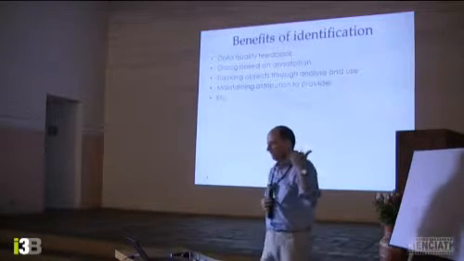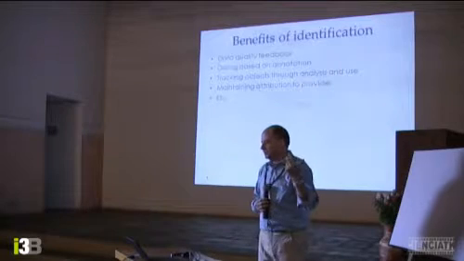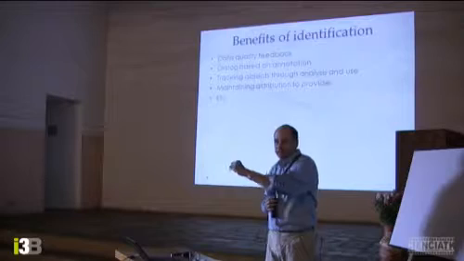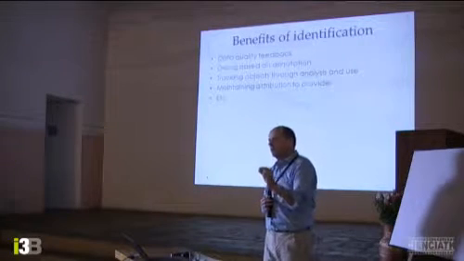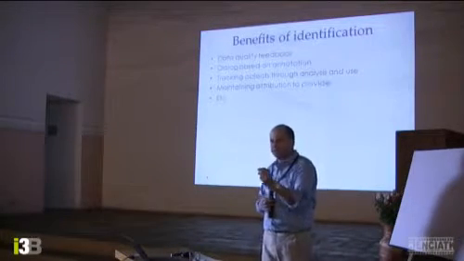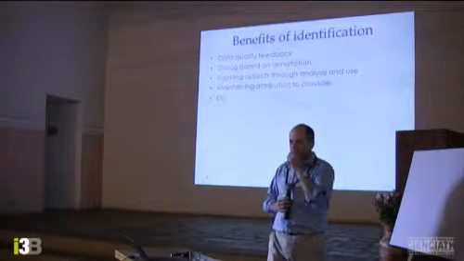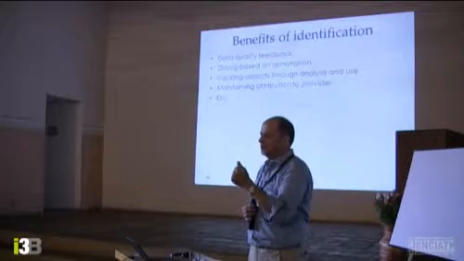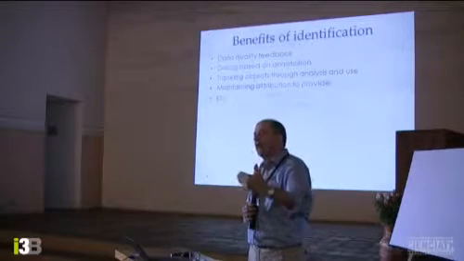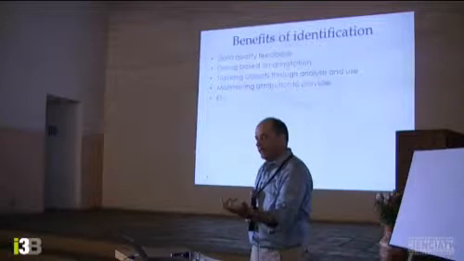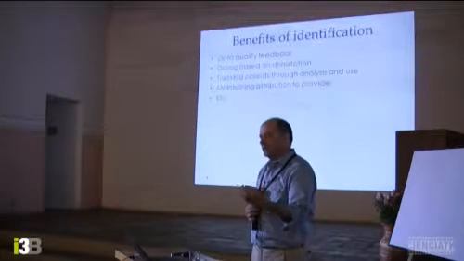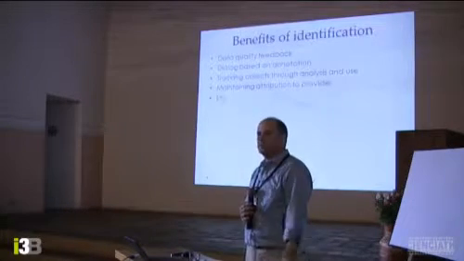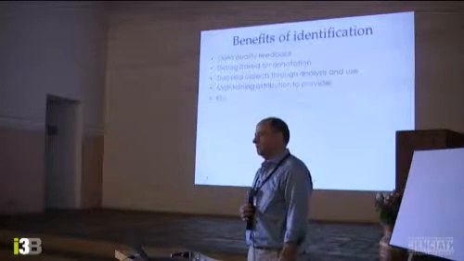Okay, so benefits of identification: feedback, annotation, tracking, analysis and use, right? You can imagine that the paper we were just looking at, the paper on the taxon, on the species, could have had an identifier which represented a data set of the identifiers of all the specimens that were used in the analysis.